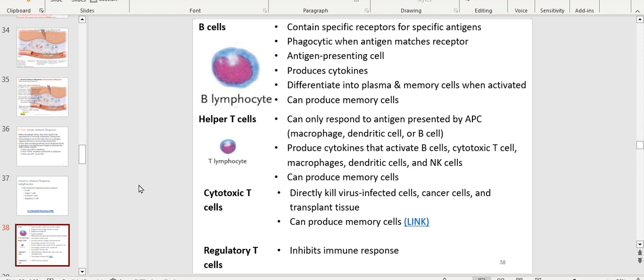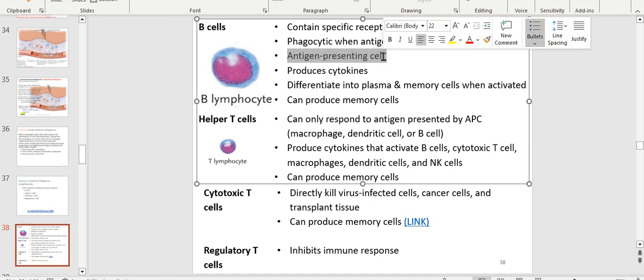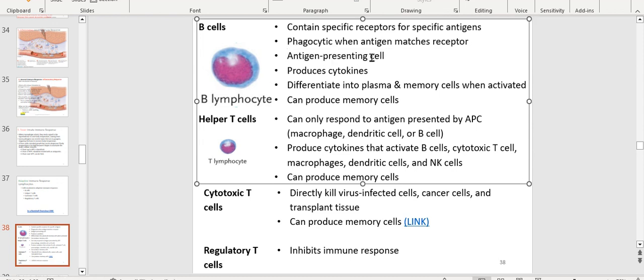So now we're into phagocytic when the antigen matches a receptor. Antigen presenting cells, that's where a cell will eat a bacteria cell and then display its contents on the cell membrane for other cells to take notice. Produces cytokines, differentiates into plasma memory cells.